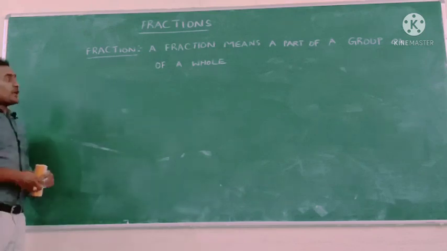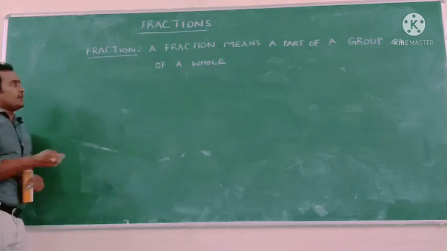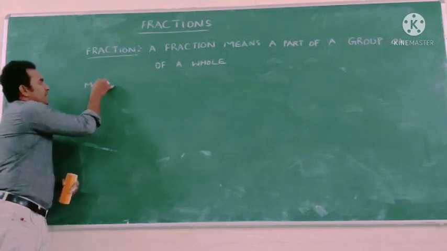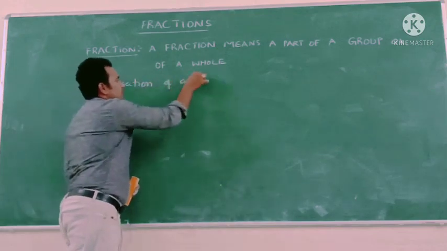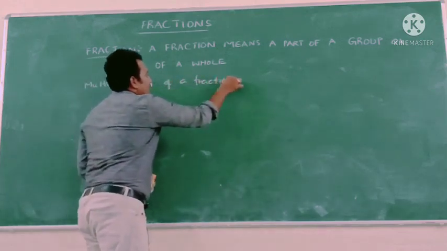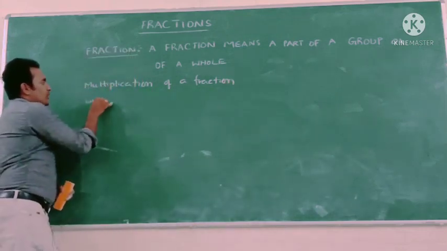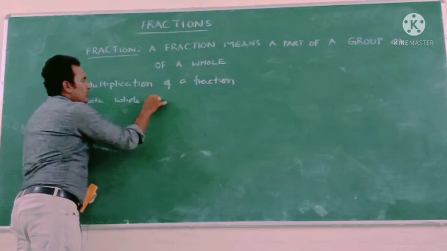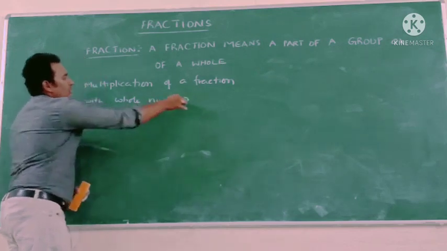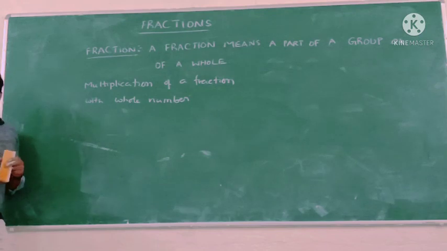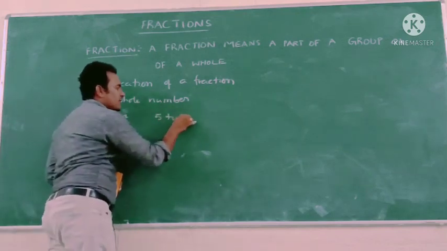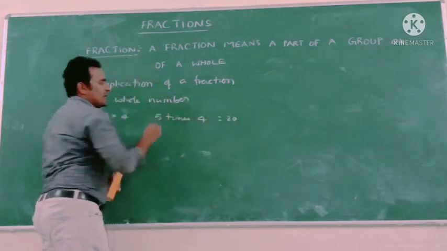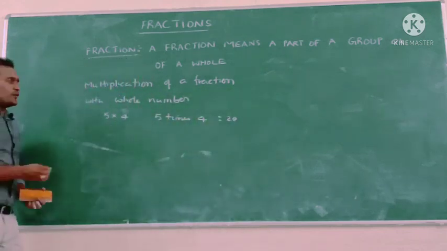So coming to the multiplication of a fraction with a whole number. What is multiplication? Multiplication means product of two numbers. Suppose 5 into 4, how would we write? 5 times 4. What is the value of 5 times 4? It is 20. In the same way, 2 into 1 by 4.